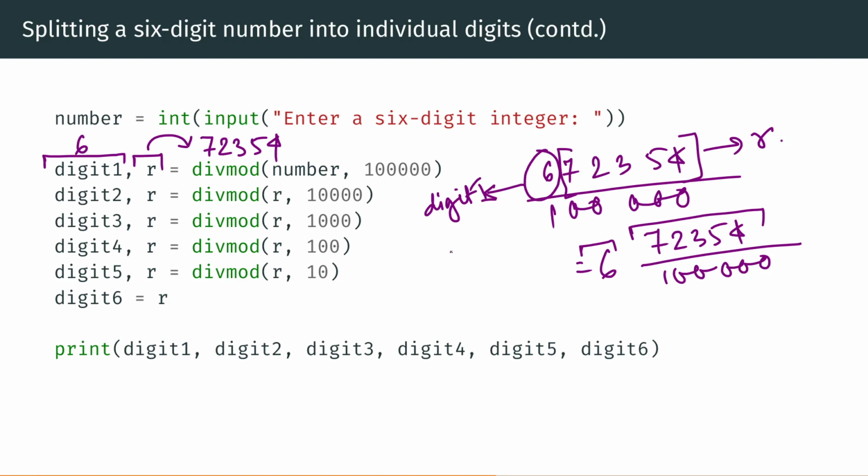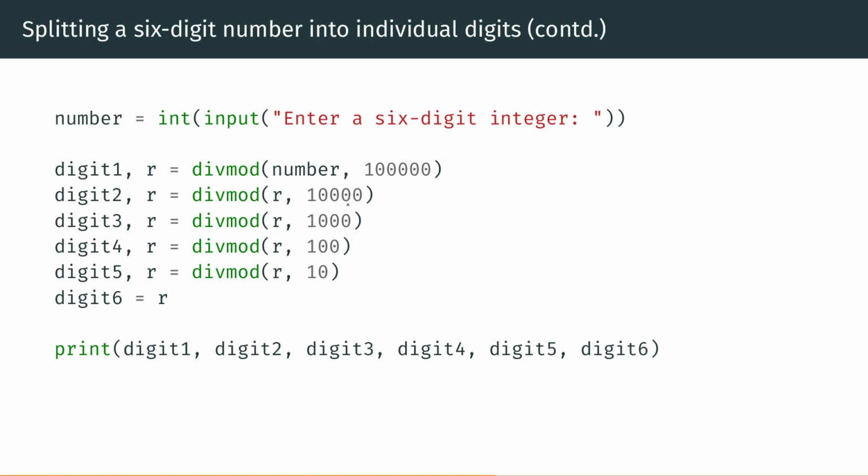Now next, the number was 6 7 2 3 5 4, digit 1 was 6, and the remainder was 7 2 3 5 4.